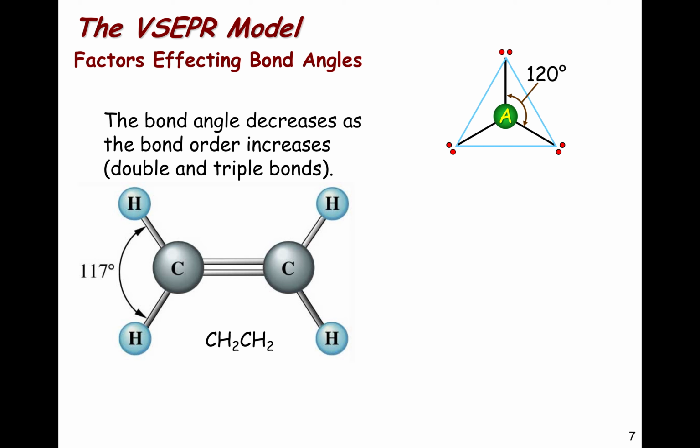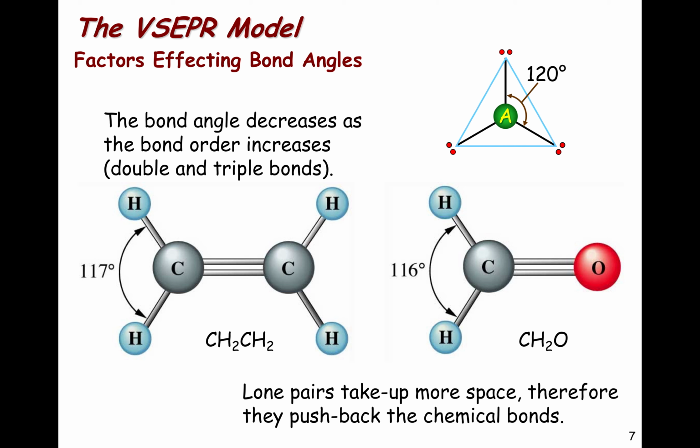It turns out that the HCH angles are somewhat compressed in comparison to that because the double bond has multiple electron pairs that are being shared between the two carbon atoms. This takes up more room around each of the carbon atoms than the CH bonding pair of electrons, and therefore compresses the angle slightly.